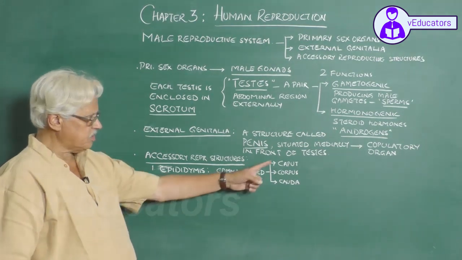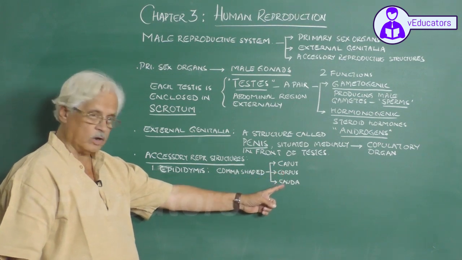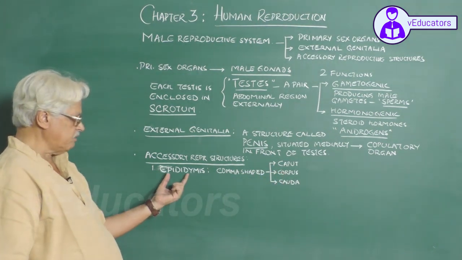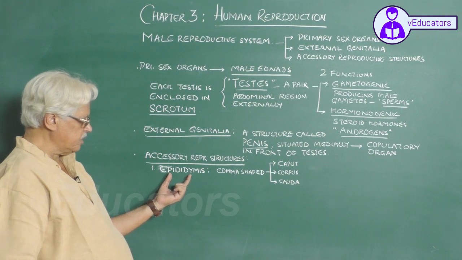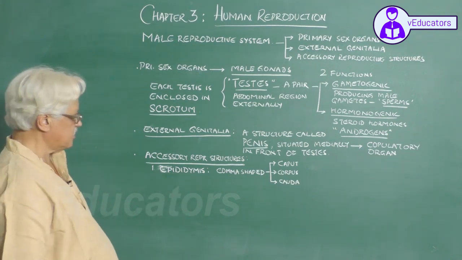So each epididymis shows three regions: caput, corpus, and cauda. The function of epididymis is to collect the sperms received from the testis.